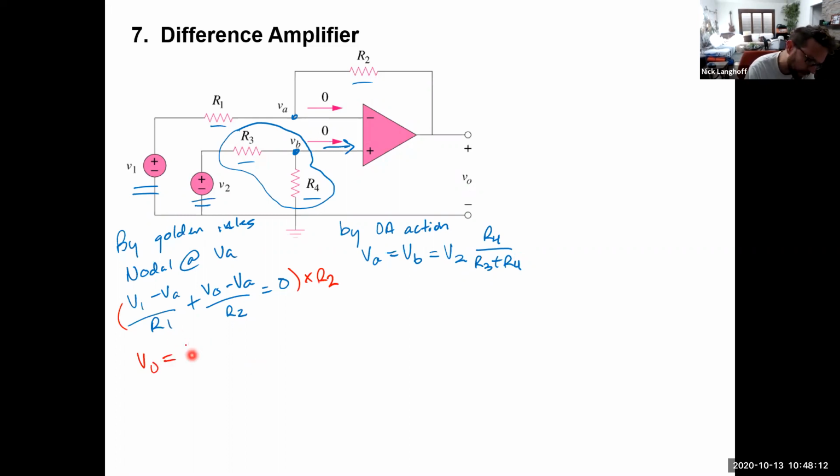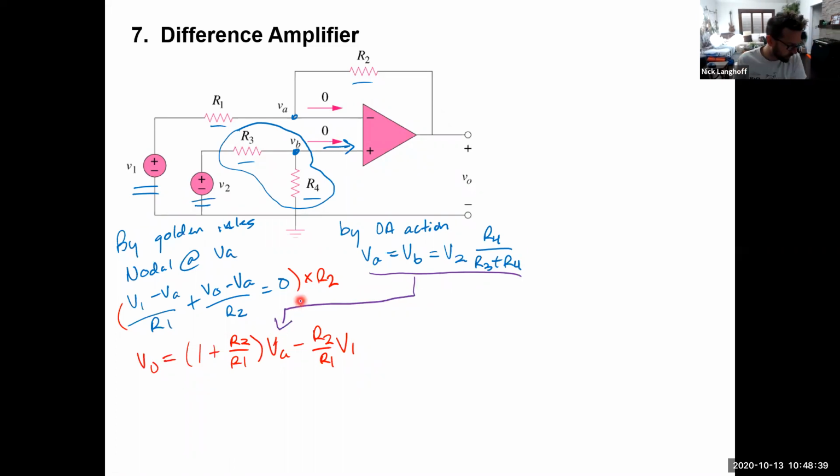I'm going to get Vout is equal to 1 plus R2 over R1 times VA minus R2 over R1 times V1. Okay, now we want to have this Vout in terms of V1 and V2. So this whole expression for VA is going to go down into here.